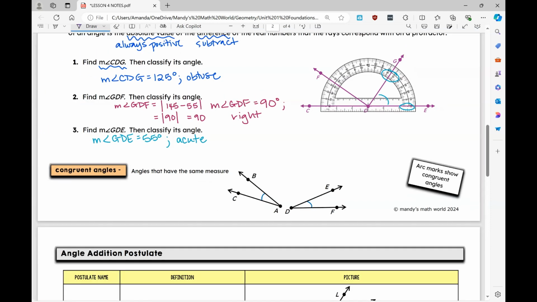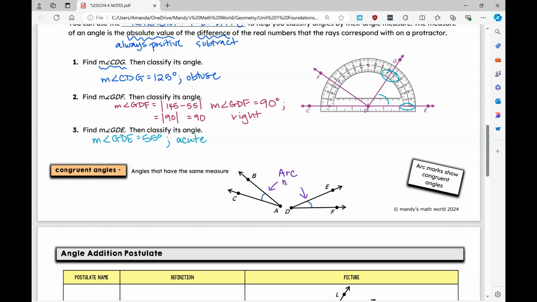Congruent angles. Congruent angles are angles that have the same measure. So here we have angle BAC and angle EDF. And notice these little arc marks right here, not tick marks, sorry. Tick marks are for congruent segments. Arc marks show congruent angles.